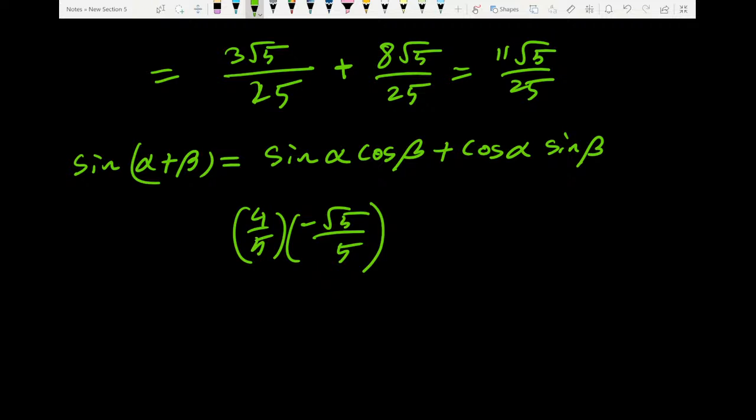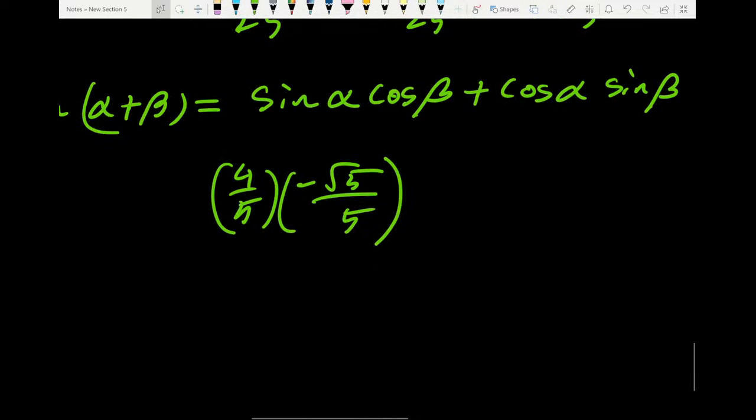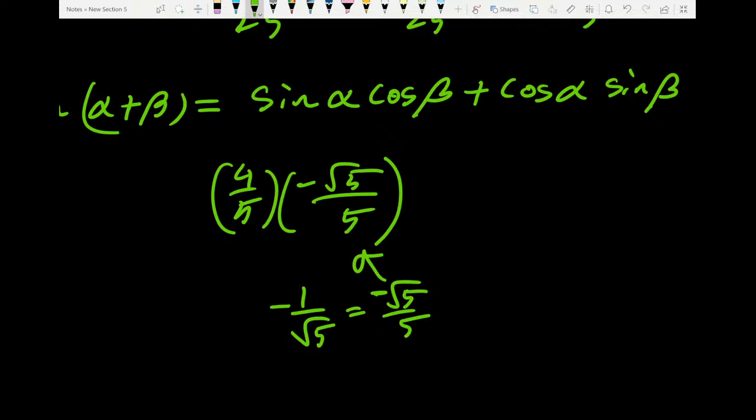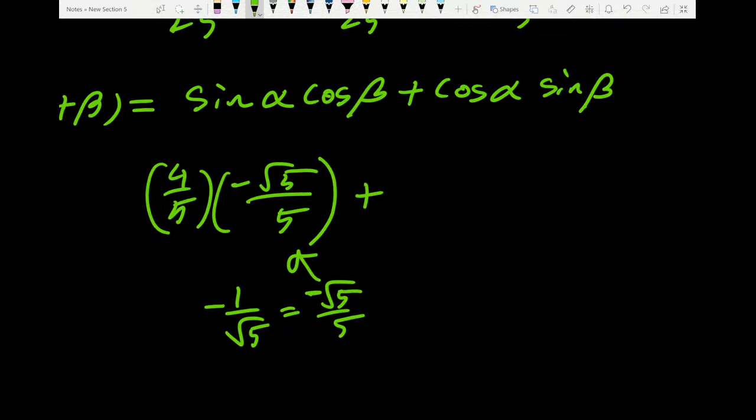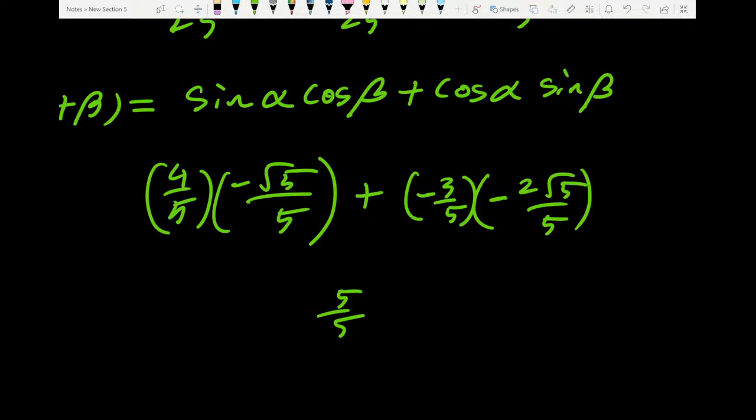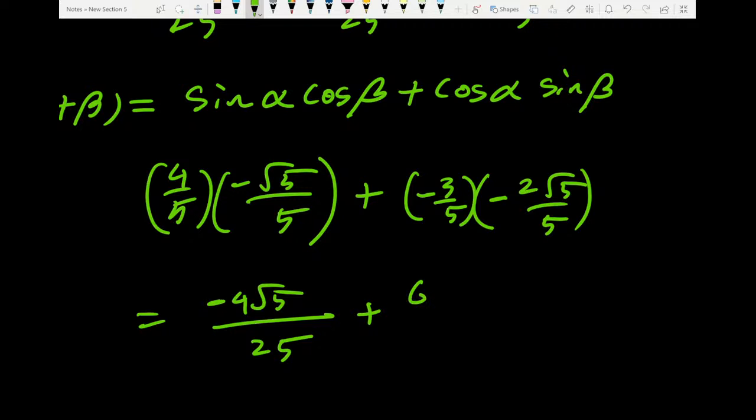Oh, I think that's cosine of beta. Let me make sure. Oh yeah, because I wrote it as this, and when you rationalize that, it becomes -√5/5. That's how I got that. Plus -3/5 times 2√5/5. So I get -4√5/25 plus 6√5/25. I just get 2√5/25.